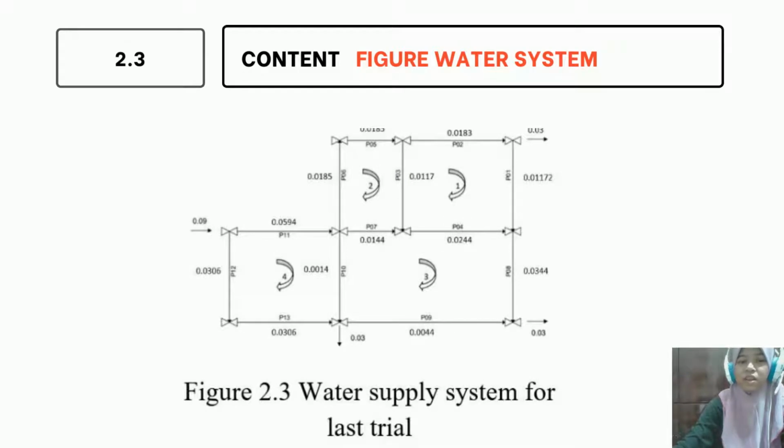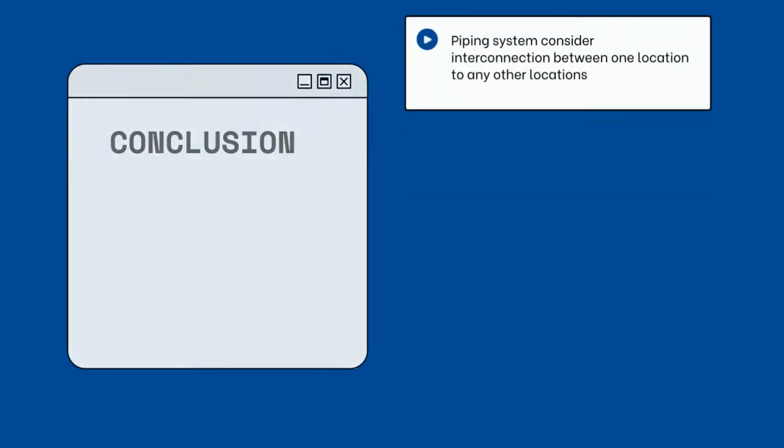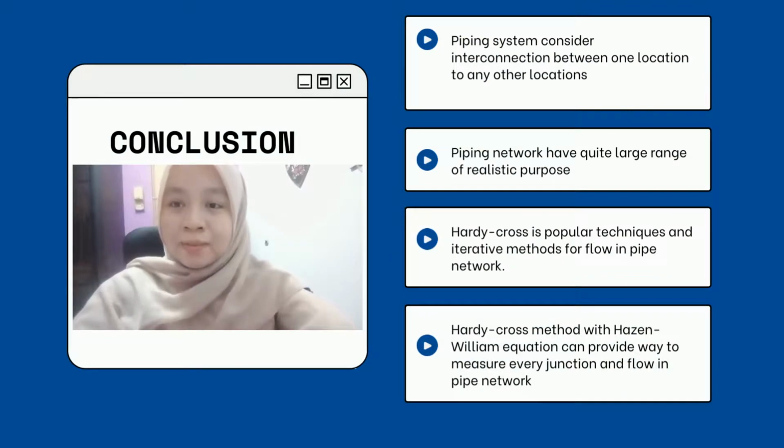We can see the water supply system for the last trial, and in this figure we are still using the flow rates, which are 0.0183 and 0.0185.